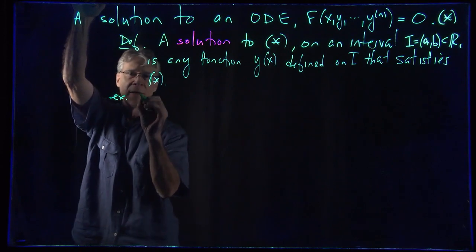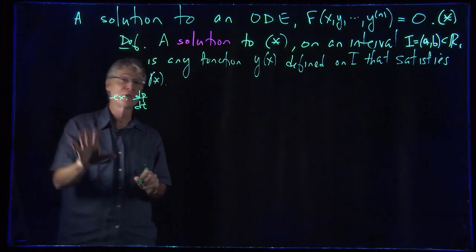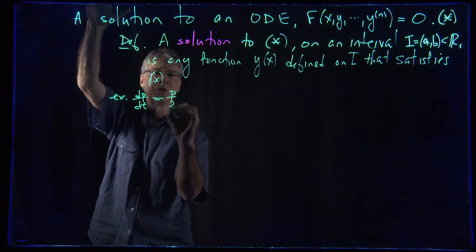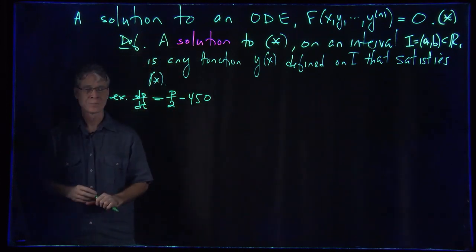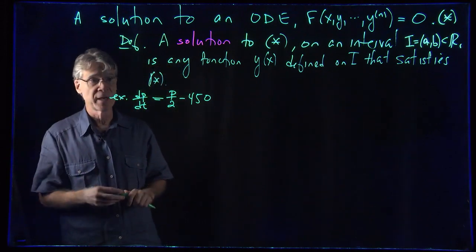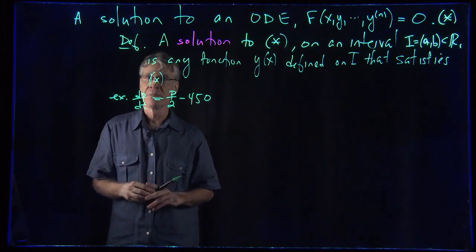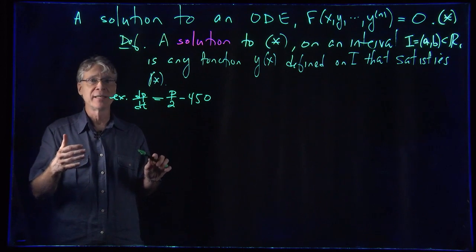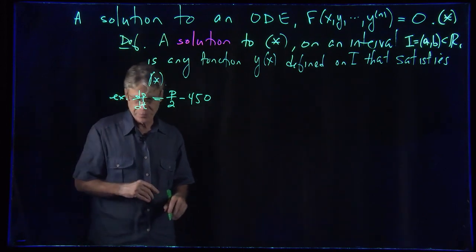And here's one example. The time derivative of some function p, let's call that p over 2, minus 450. Okay, so there's some unknown function p. It's a function of time. And if I take the derivative of this unknown function p, I wind up with something that is equal to the original function p divided by 2 minus 450.